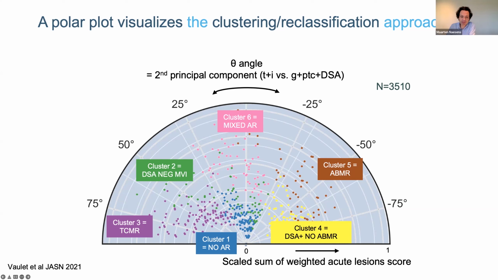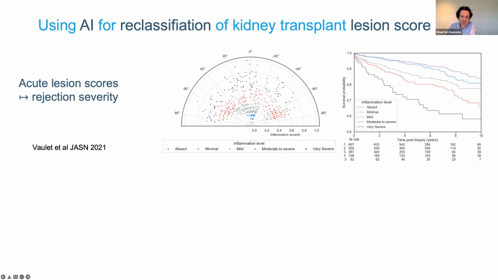But even more interesting is that this polar plot indicates on the radius the sum of the weighted acute lesion scores, which is a weighted summation of the acute Banff lesion scores. And what is interesting is that Thibault could demonstrate that this weighted sum of the histological lesion scores, which we call the inflammation severity, was extremely nicely associated with the risk for graft failure after a kidney transplant biopsy.